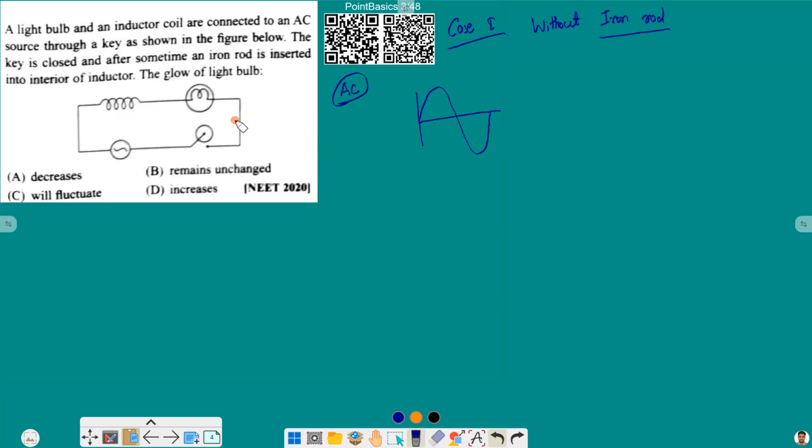But then we can find out the glow of the light bulb, as the glow of the light bulb depends upon the amount of current flowing through the circuit in the stationary states.